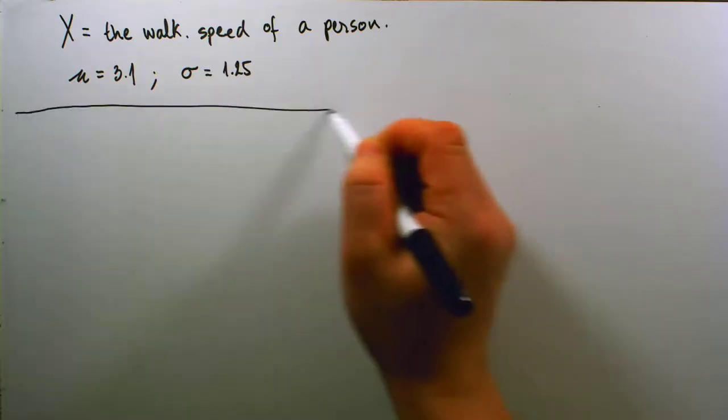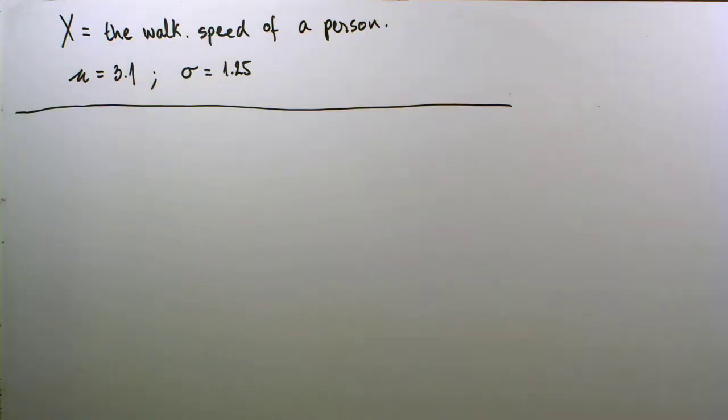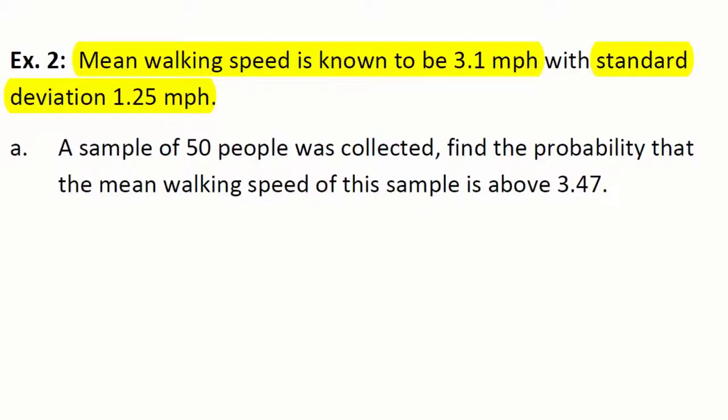So now let's begin reading into the description of part A, where it begins our understanding regarding the sample. On the computer screen again, in part A, a sample of 50 people was collected. Find the probability that the mean walking speed of this sample is above 3.47. We have seen a situation similar to this back in example 1.